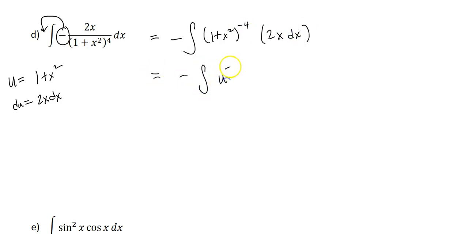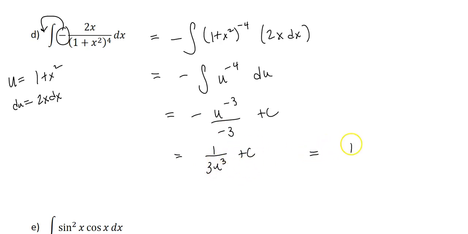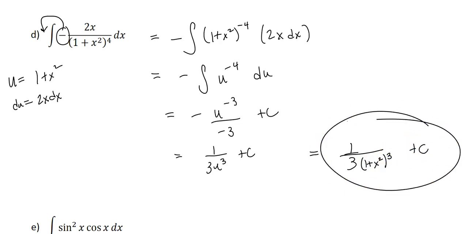So this is negative u to the negative 4th du, or negative u to the negative 3 over negative 3 plus c. The negatives go away and I get 1 over 3 u cubed plus c, or 1 over 3 times 1 plus x squared cubed all plus c. And that would be my answer there.